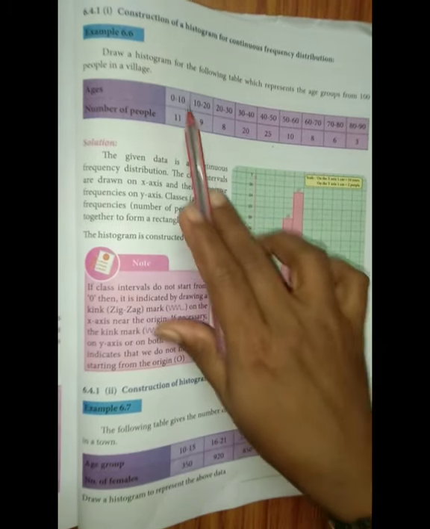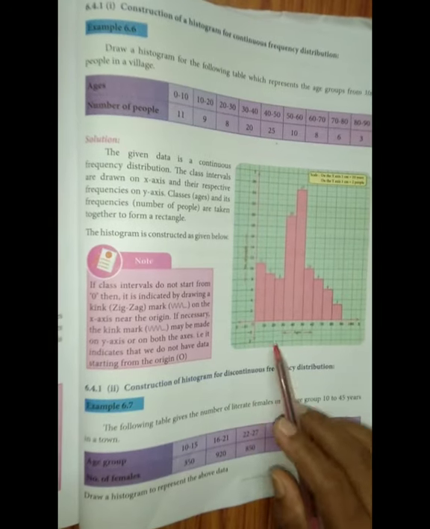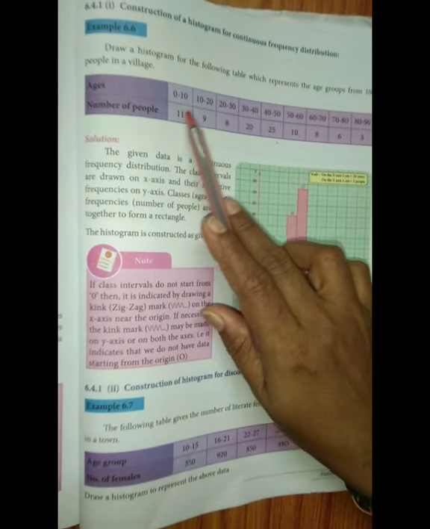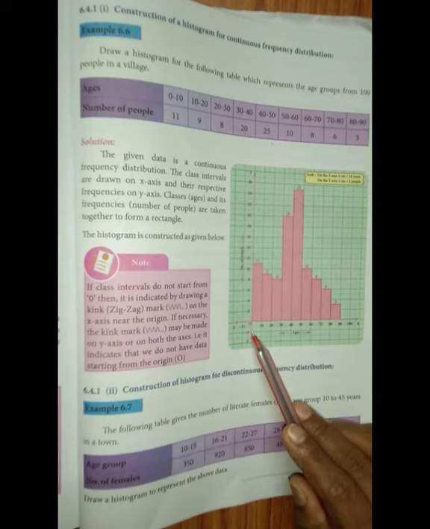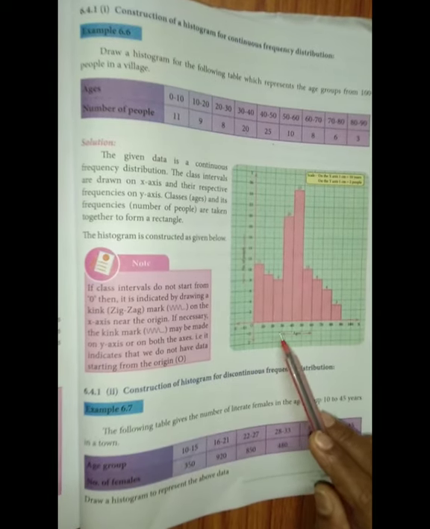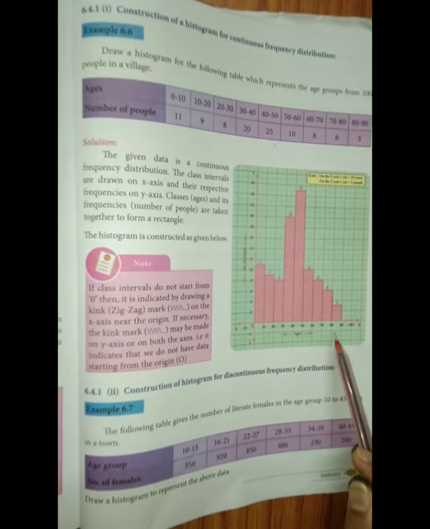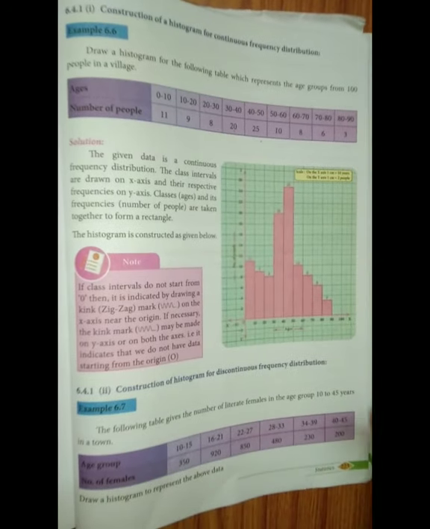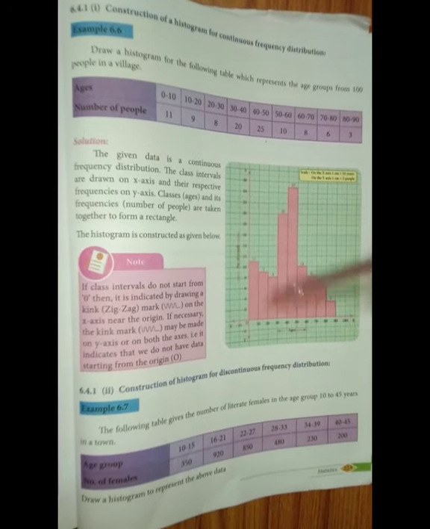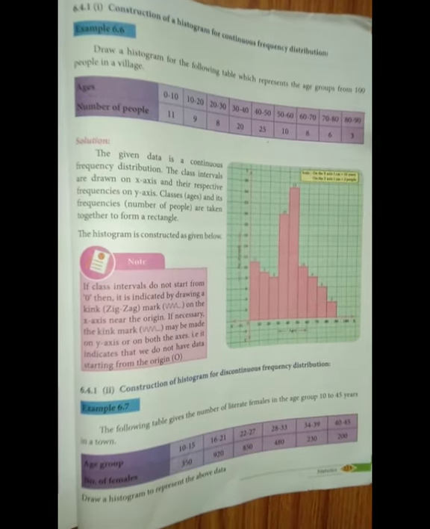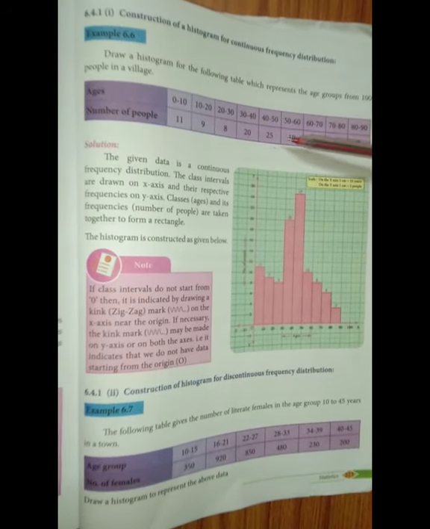Now we give the class intervals: 0, 10, 20, 30, 40, 50, 60, 70, 80, 90, up to 100. For the y-axis frequencies, the values are 11, 9, 8, 20, 25, 10, 8, 6, 3.